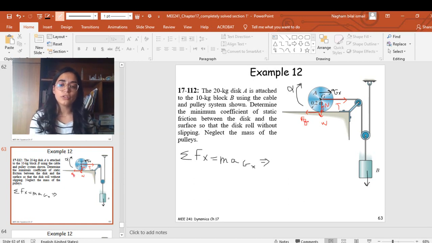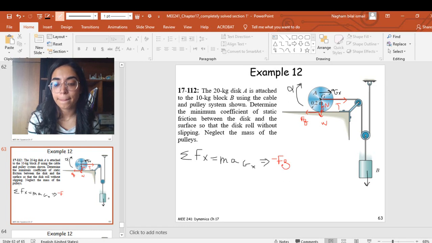Alright? So what are the forces in x direction? In fact, in x direction, I have minus Ff plus T is equal to m a_Gx.